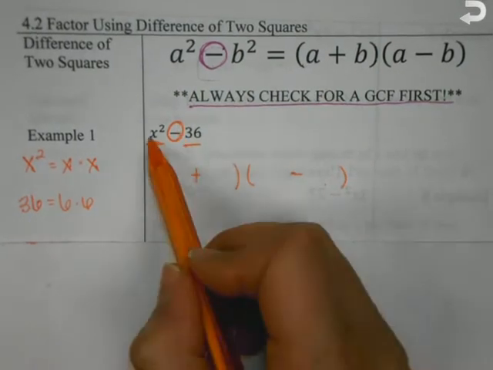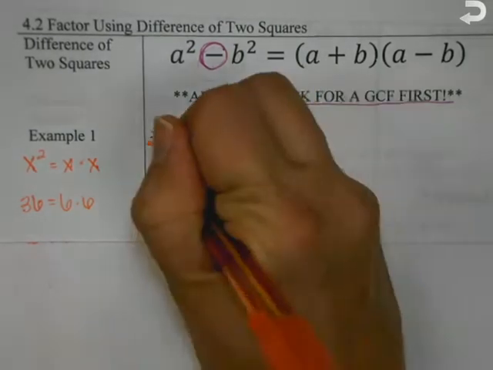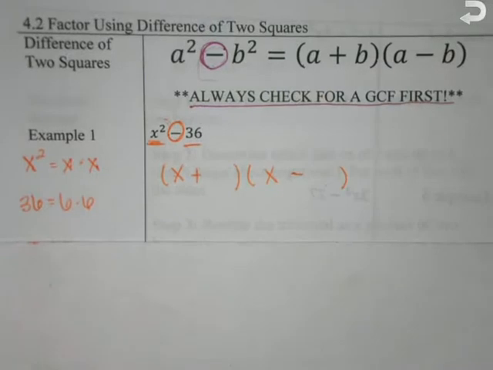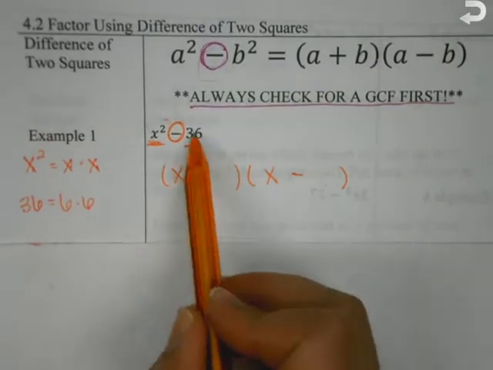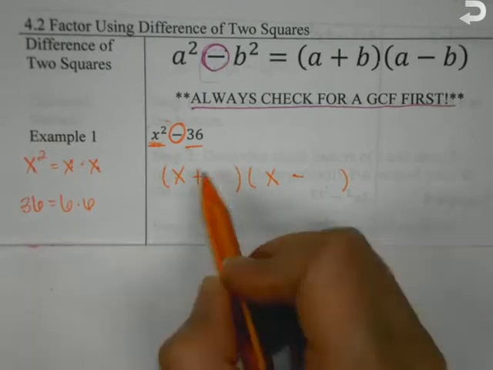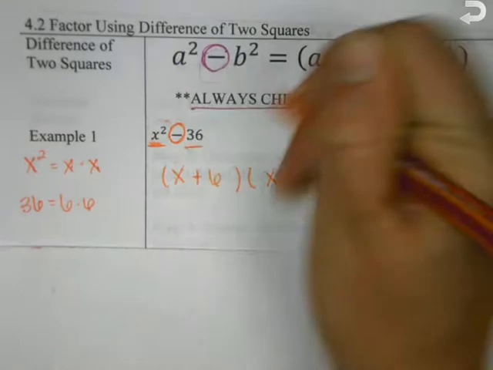What's the square root of x squared? X. So x goes here in the front in the first one, and x goes in the front in the second one. You have to put them in the same order that they show up in the problem. For the other blank, what's the square root of 36? 6. So 6 and 6. And that's your answer.